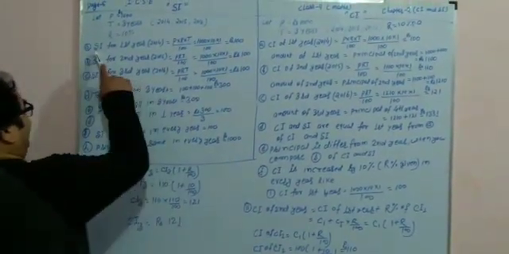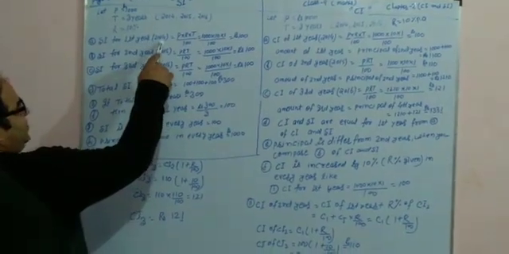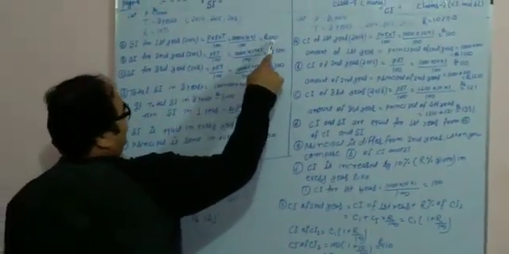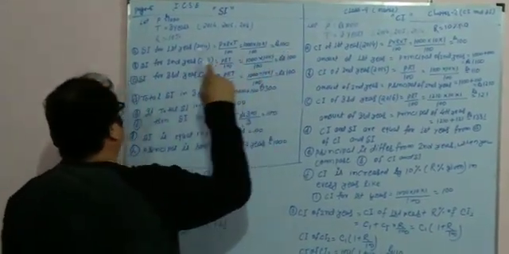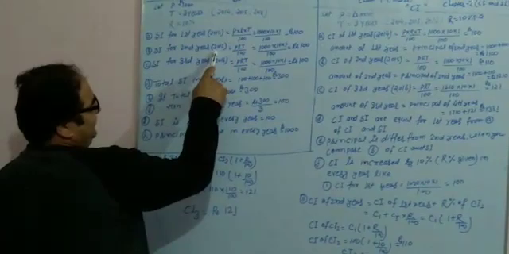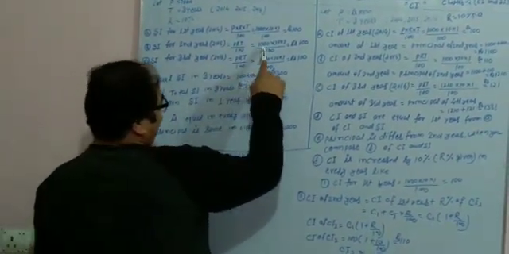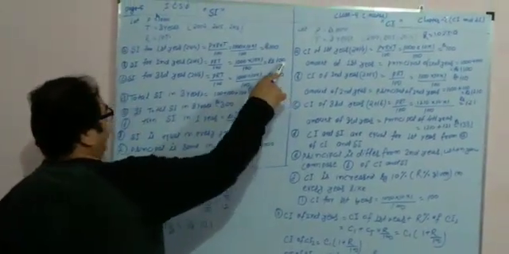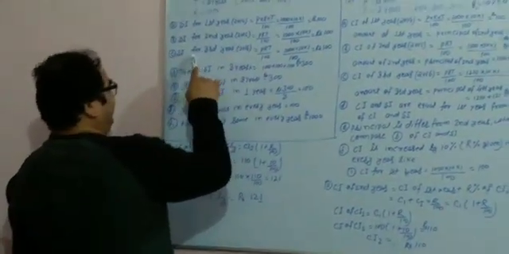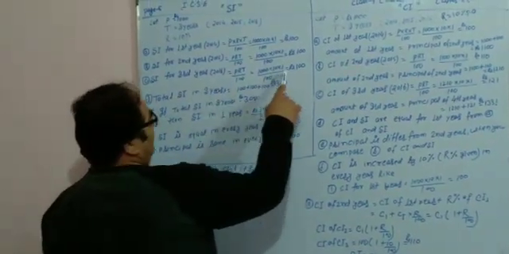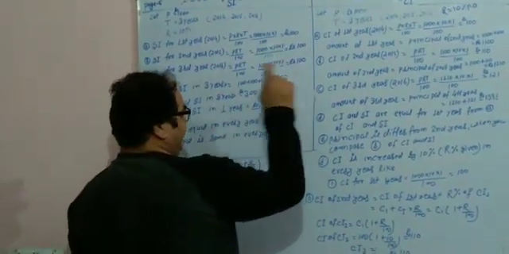So in simple interest, for the first year, that is 2014, SI is equal to PRT by 100, which is equal to 100. Simple interest for the second year, that is 2015, is equal to PRT by 100 and it is also equal to 100. Simple interest for the third year, that is 2016, is also equal to 100.